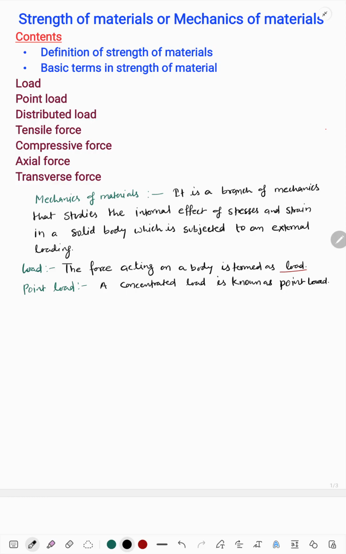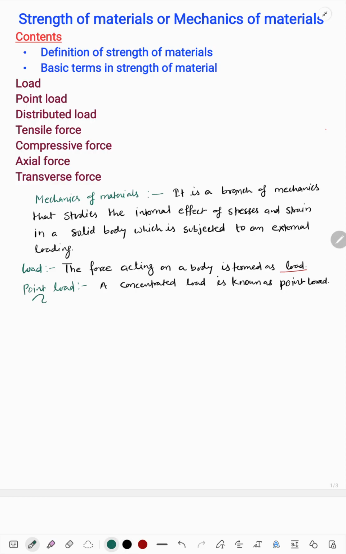It means a point area, a very small area, where the load is going to act. That is called a point load.